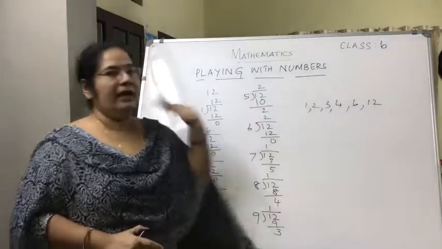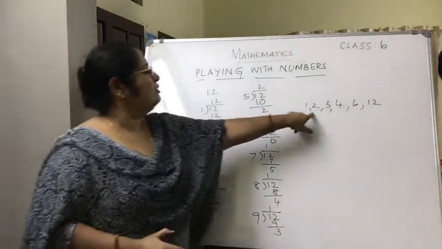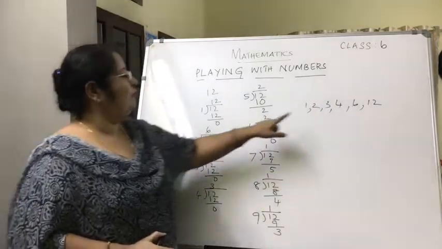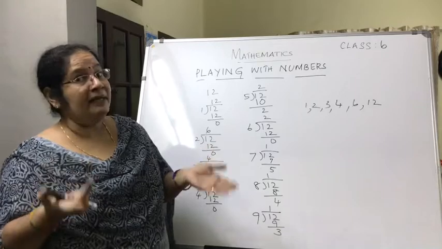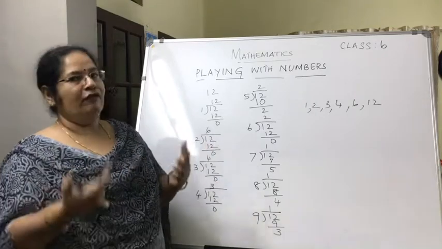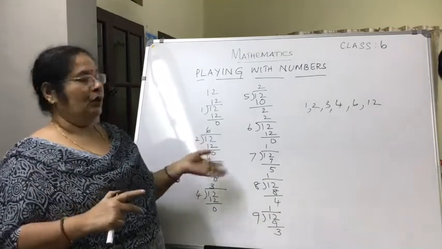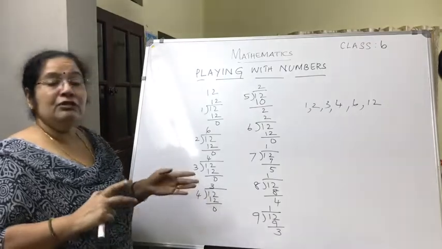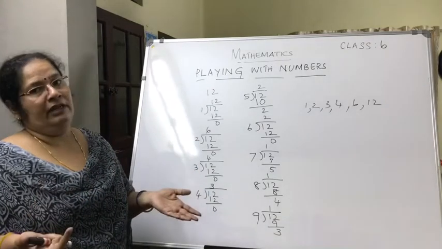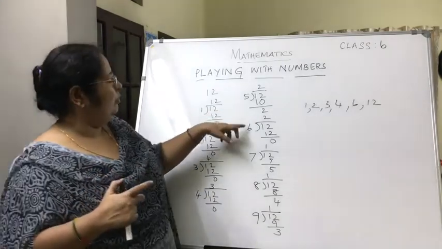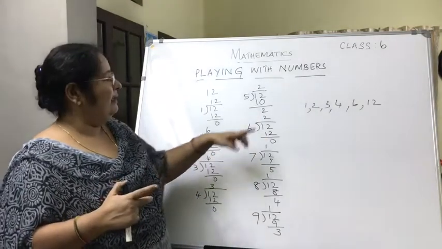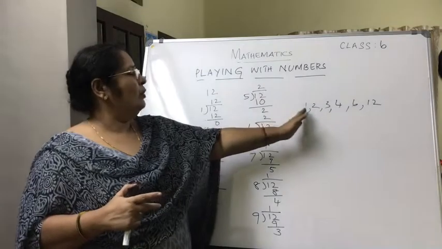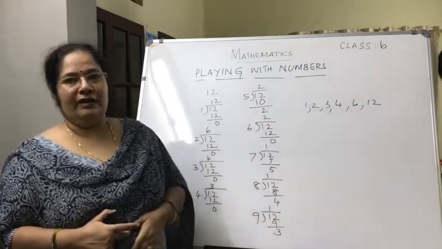Second, 2 and 6. 3 and 4. 4 and 3, same as 3 and 4, so we are not repeating and writing again. 3 and 4 are factors, so there is no need of writing 4, 3 again. Now here 6, 2, which we have already written as 2, 6. And then the factors are 1, 2, 3, 4, 6 and 12.